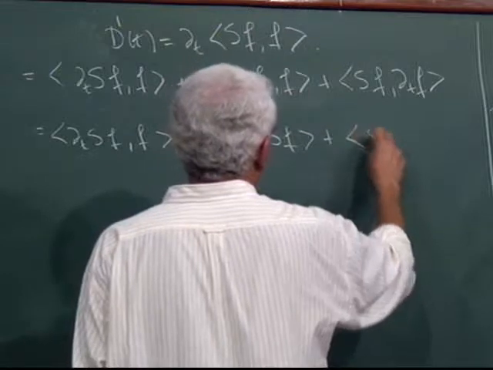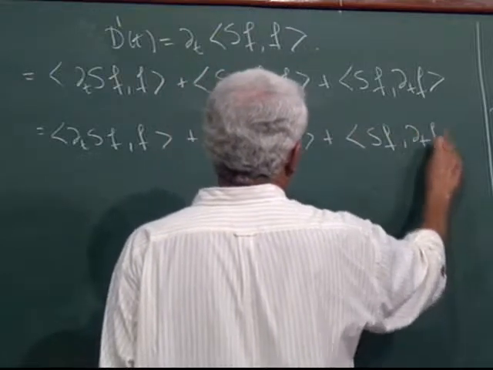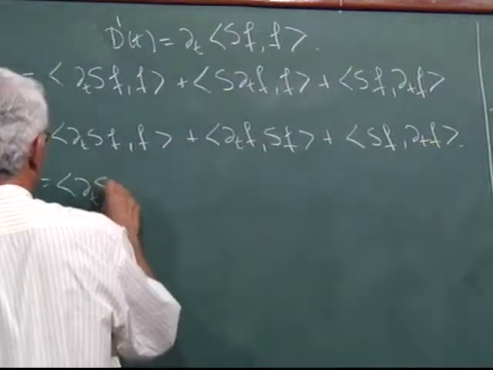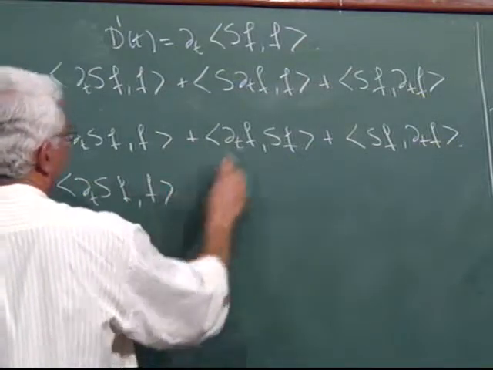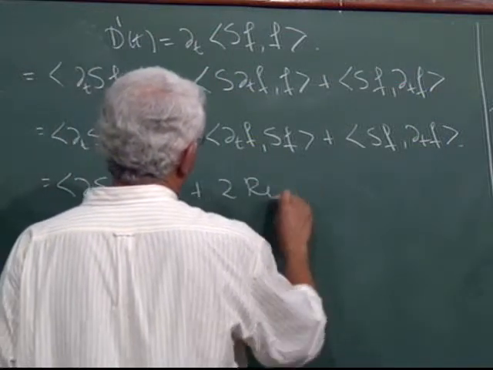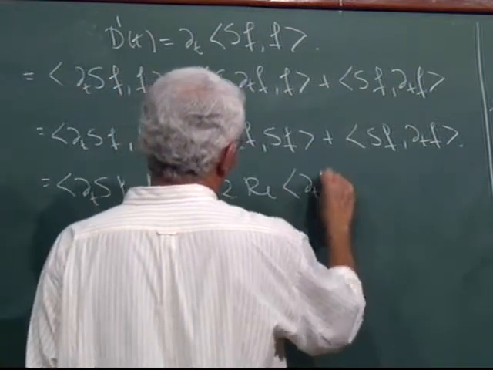Okay, let's do it carefully. This is exactly equal to this. This quantity plus its conjugate is equal to twice the real part of this.